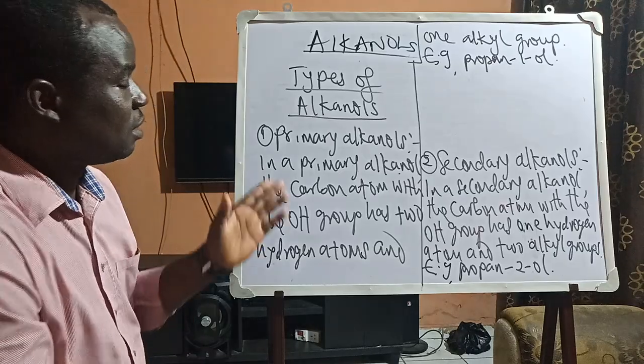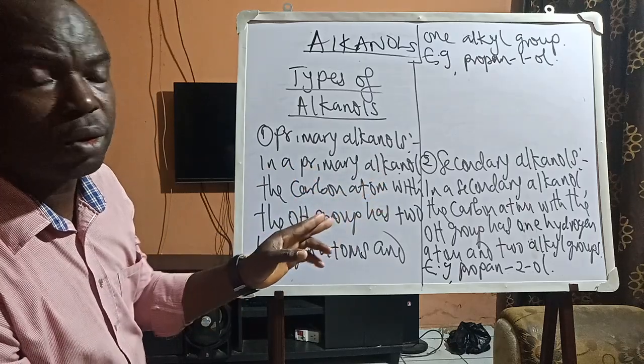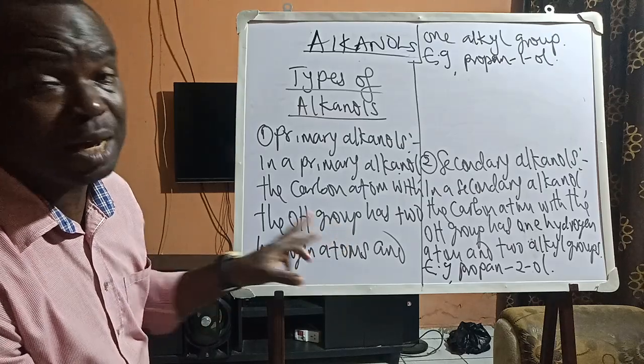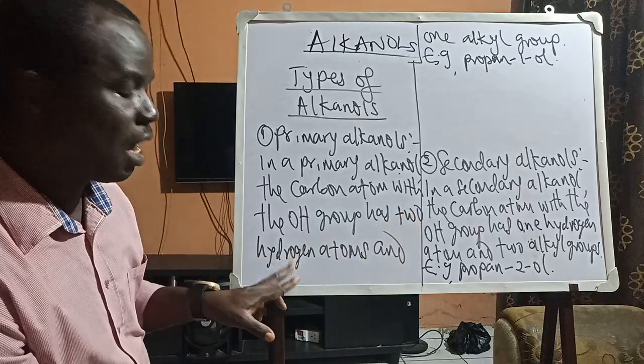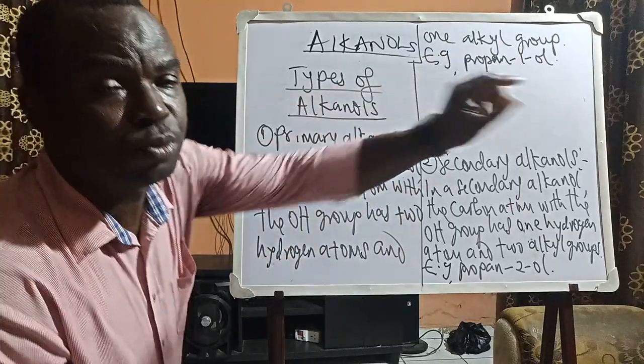Now, look at this. It says, in a primary alkanol, the carbon atom with the OH group, remember this OH is the hydroxyl group, has two hydrogen atoms and one alkyl group.